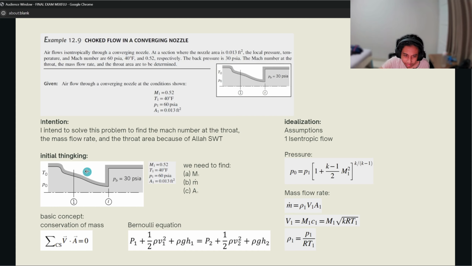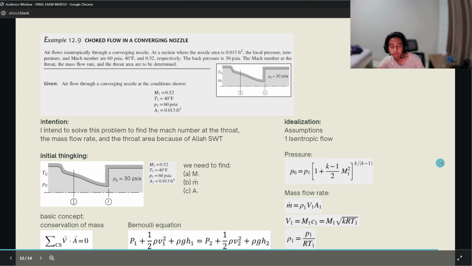At section 1, the pressure is 60 psia and the area is 0.13. So we need to find the Mach number at the throat, then the mass flow rate, and then the area of the throat.